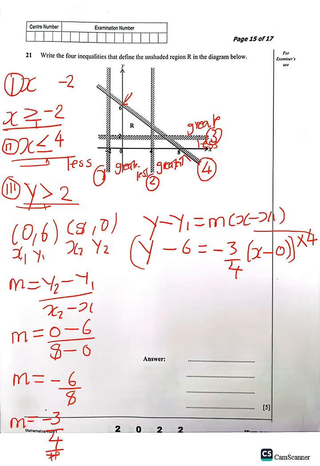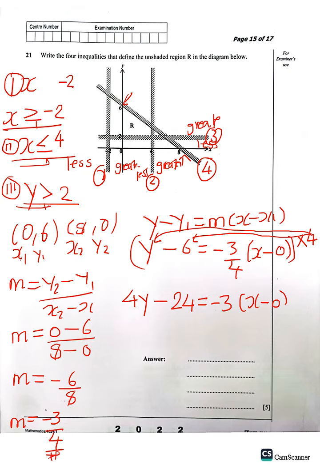So this 4 will first multiply with y. So 4 times y is 4y. Then 4 times negative 6 is negative 24. Then 4 times negative 3 over 4 is just negative 3, then x minus 0.